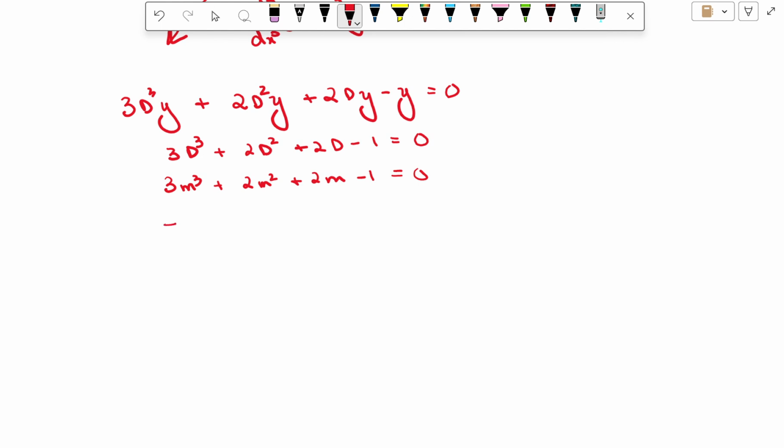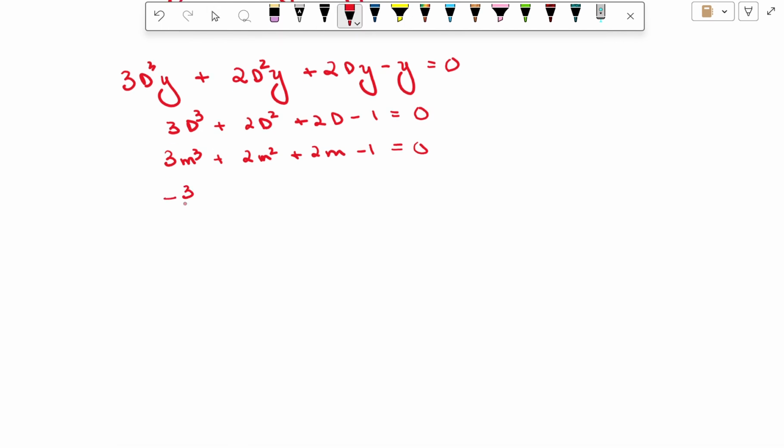If I put negative half, it would be negative 3 by 8 plus 2 by 4 minus 1 minus 1, negative 2, which will also not give us the solution. Putting it equal to 1 by 3 would give 1 by 9 plus 2 by 9 plus 2 by 3 minus 1. 1 by 9 plus 2 by 9 is 3 by 9, 1 by 3, plus 2 by 3 is 1, and 1 minus 1 is 0. So 1 by 3 is a solution.